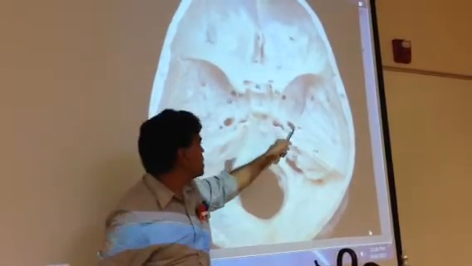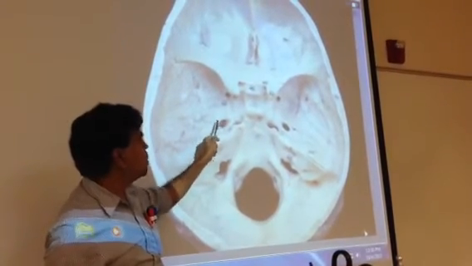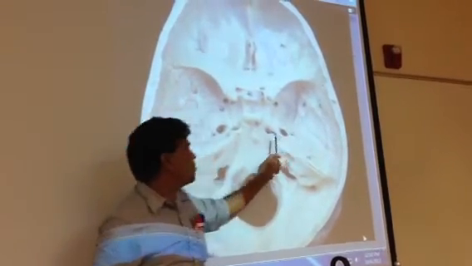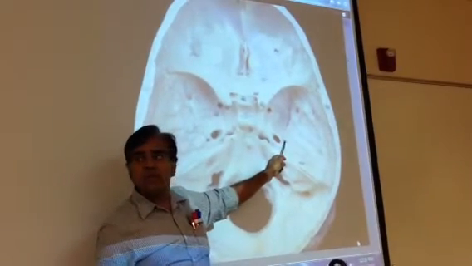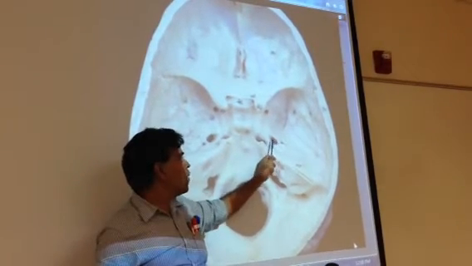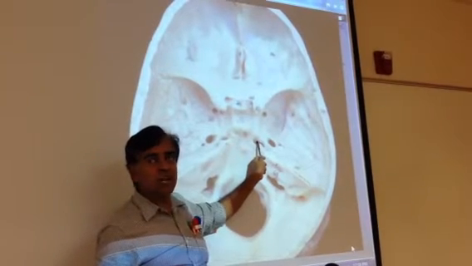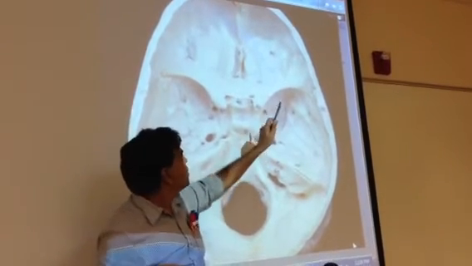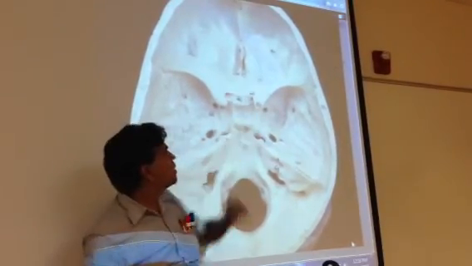Then on both sides, if you see, there is a set of 3 holes or openings. 1, 2, 3, 1, 2, 3. The smallest one, foramen spinosum, foramen ovale, foramen lacerum. Rotundum is up there on the top. The optic foramen, they are there.